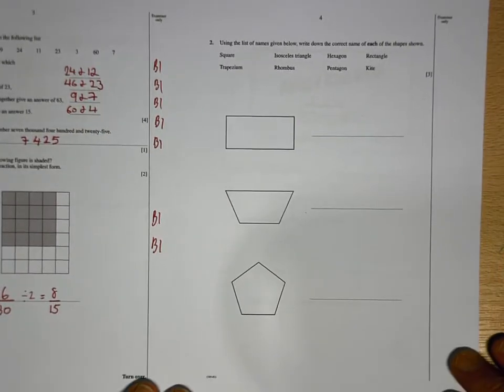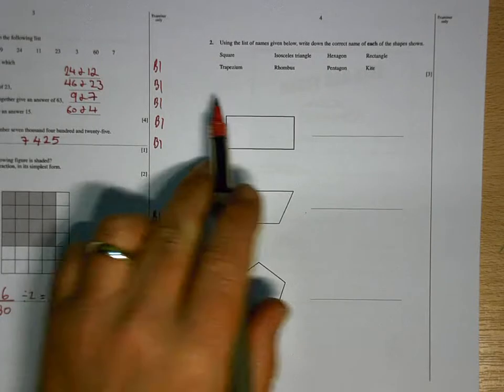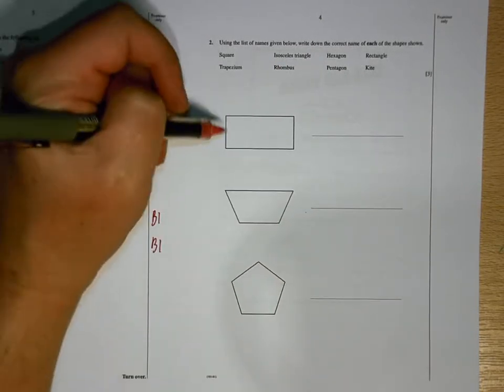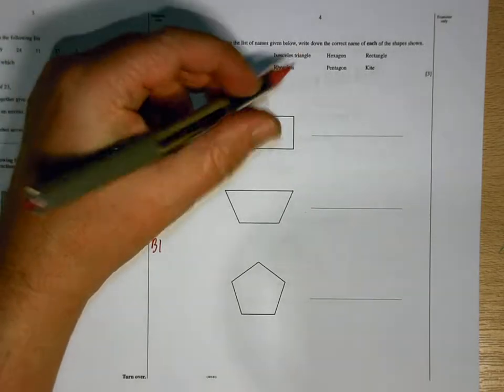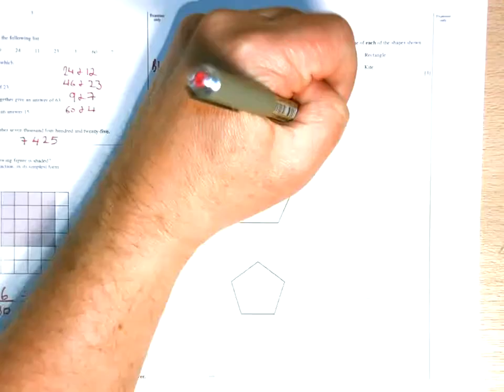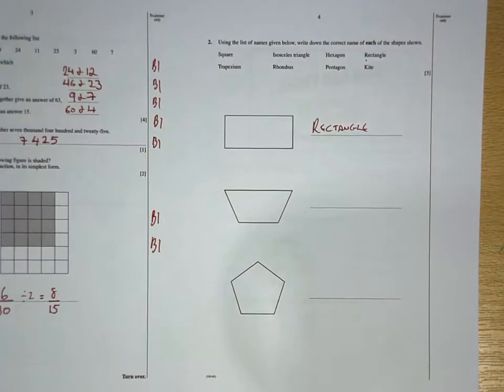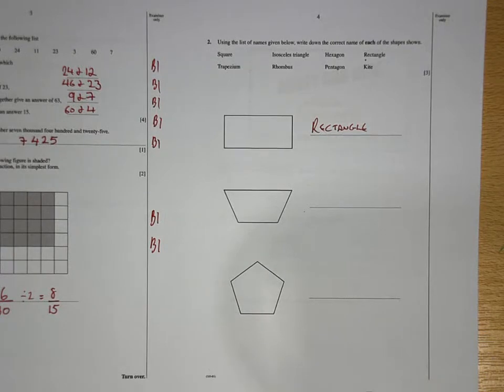Okay, using the list of names given below, write down the correct name of each of the shapes shown. Sometimes the question won't give you a list, you've just got to be able to write them down. This time they're giving you a list. That one hopefully is a rectangle. The next one is known as a trapezium.